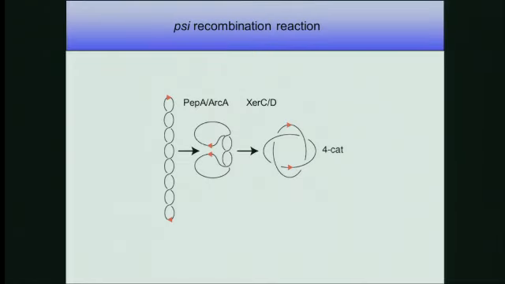So now, what happens when we go back to a reaction which is more like what Sean was talking about? We've got the Sean setup where we've got the psi sites. You get these 3 crossings trapped by interwrapping of the PEP-A protein, and it gives you a 4-noded catenane. So what happens if we add our hyperactive mutants onto this site?